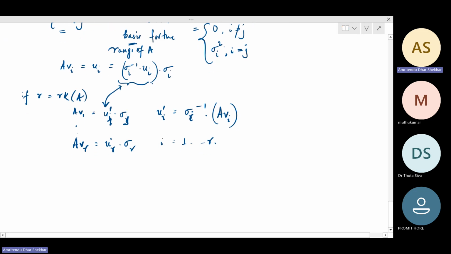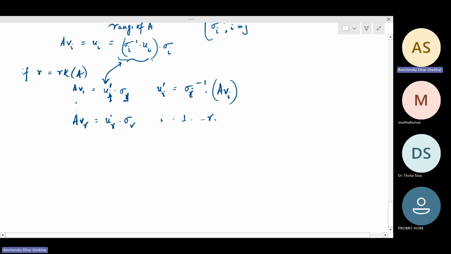Now we can always adjoin some extra vectors which correspond to the null space of A. So you can write A V(r+1) equal to 0, and adjoin some extra vectors U(r+1) prime over here, and some zeros over there.